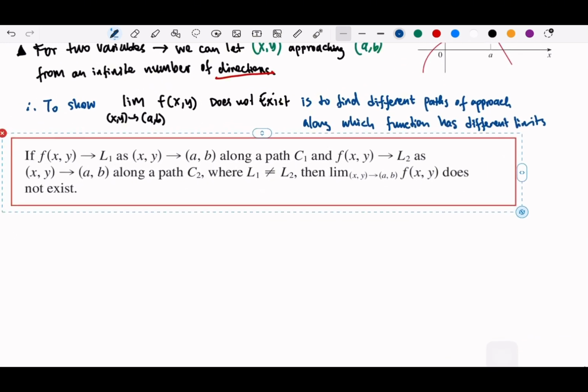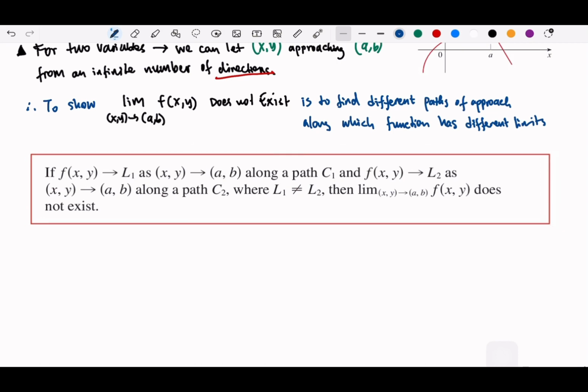So this is the definition. If f(x, y) approaches some value L1 as (x, y) approaches (a, b) along a path, a path is something that we design. We check, we confirm, we check the path C1.